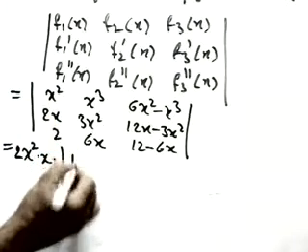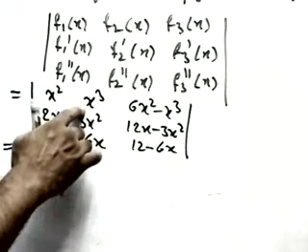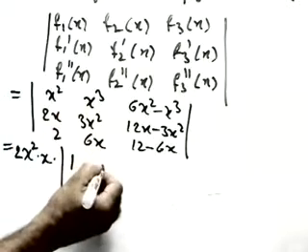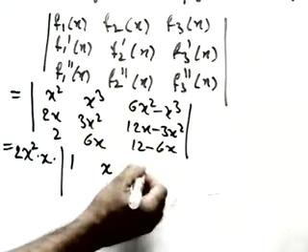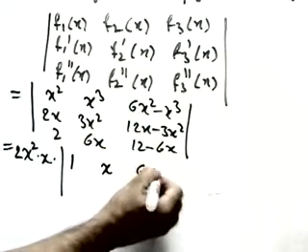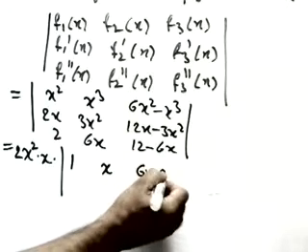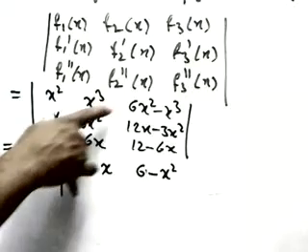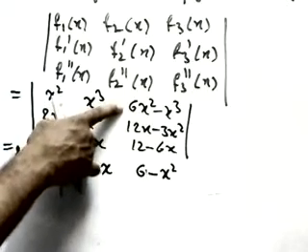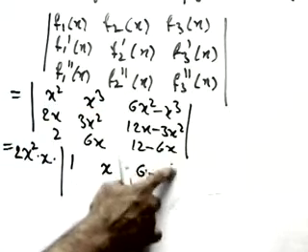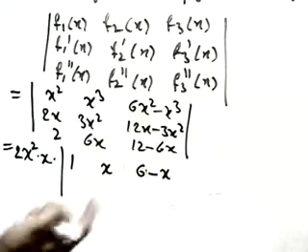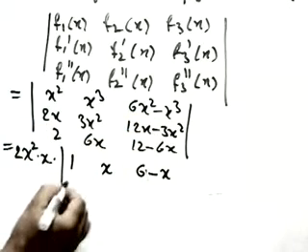If you take common x square, you are left with 1. If you take x square common from x cube, we are left with x. And from the third entry we are left with 6 minus x square, because we have taken x square common.